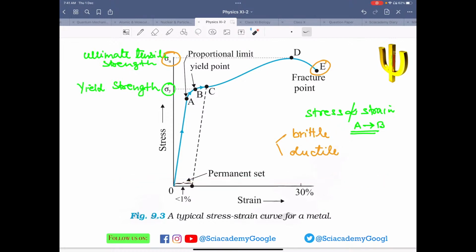But if we take some material like iron, it cannot be stretched many times. It may break, fracture after a certain point. That means different materials have different limits, right?